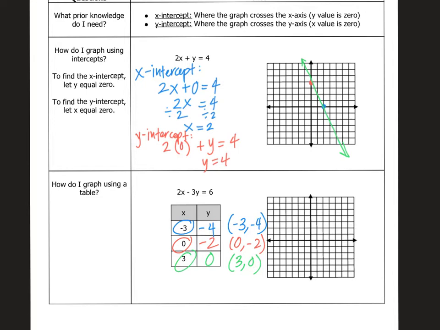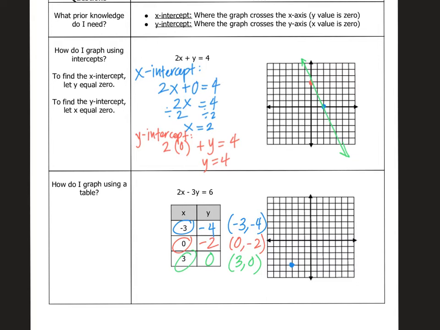Okay, so now I'm going to plot my points, and I'm going to use these colors to plot my points. So I start at my origin, and I'm going to go to negative 3, and then I go down to negative 4, and so there's my first point. Now let's plot my second point. So I'm at 0, negative 2, so I know that I'm going to stay on the y-axis because my x is 0.